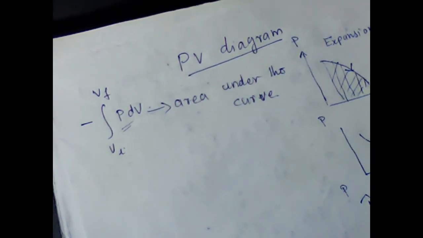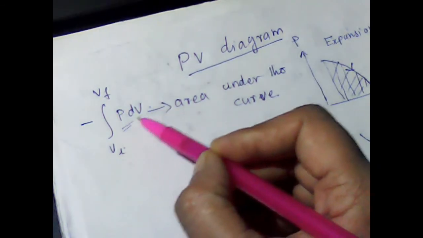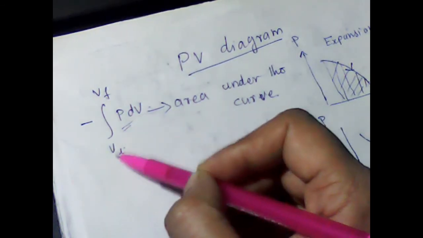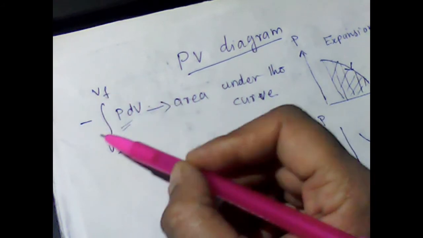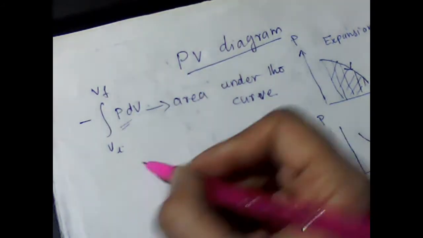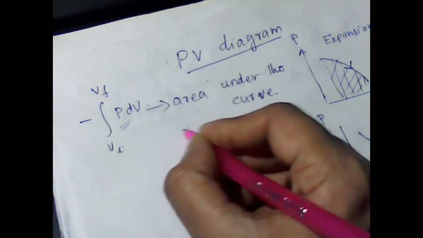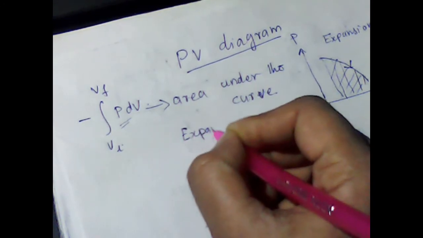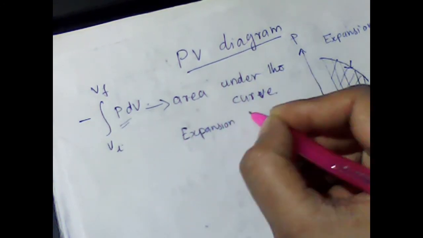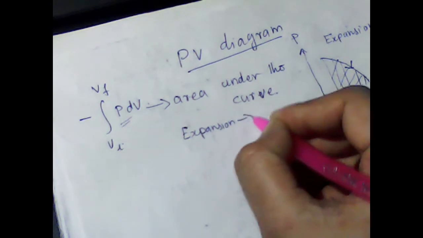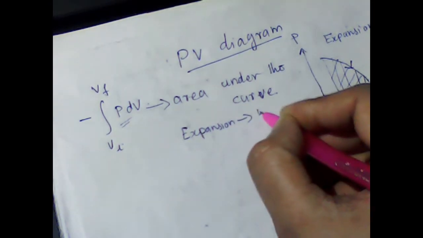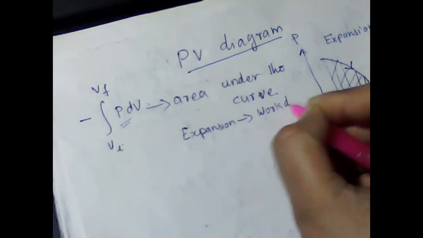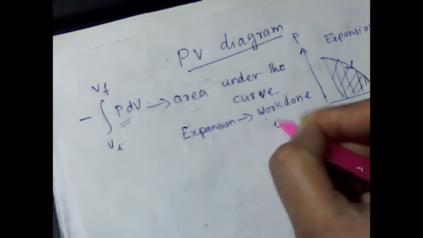Minus integral Vi to Vf, dV is a positive quantity, so this total integral will be a negative quantity. So for expansion, the work done is negative.